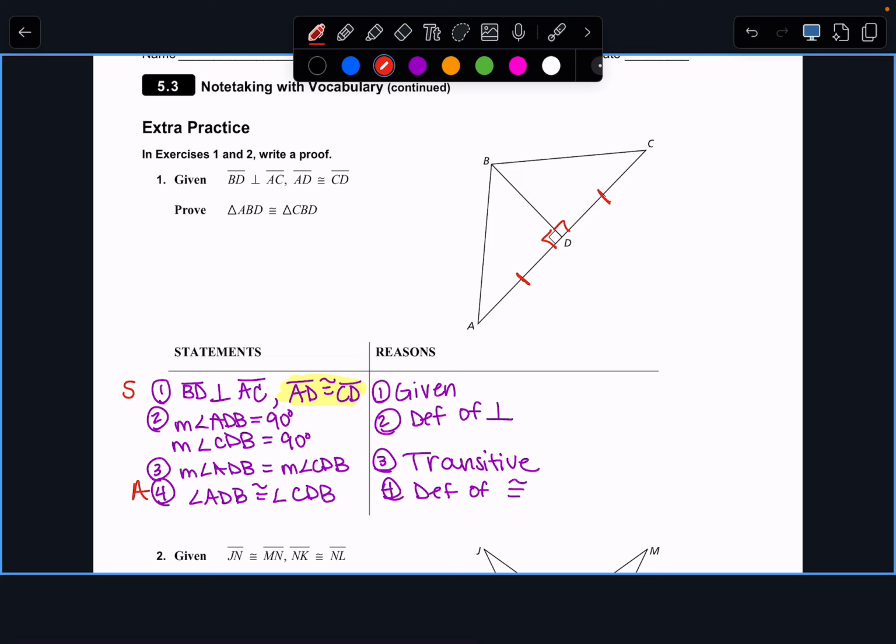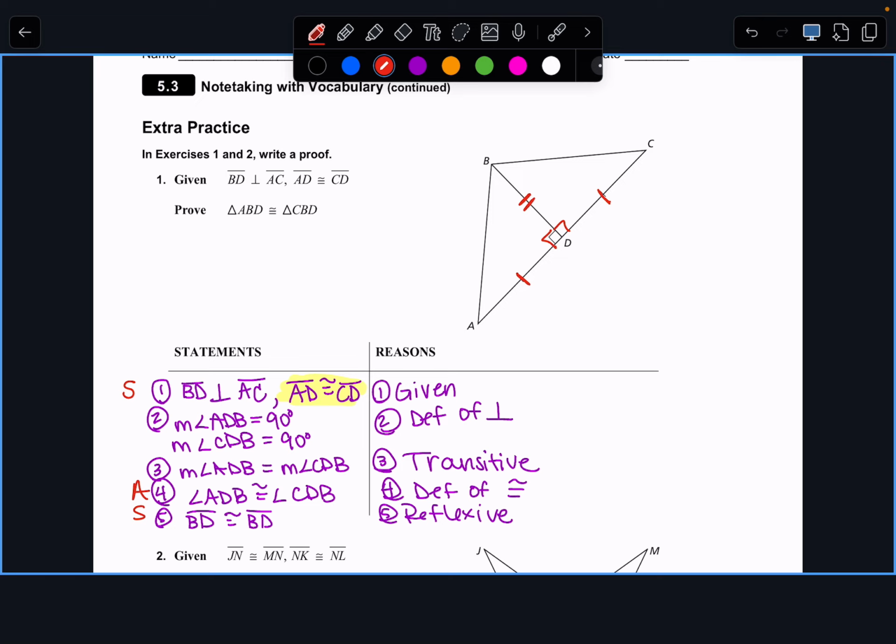And you all are just chomping at the bit, ready for our fifth step. Right? We all know it. We know that BD is congruent to itself because of the reflexive property. And that is giving us our third piece of information.